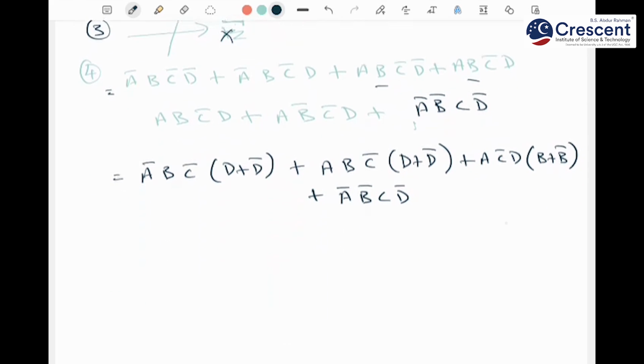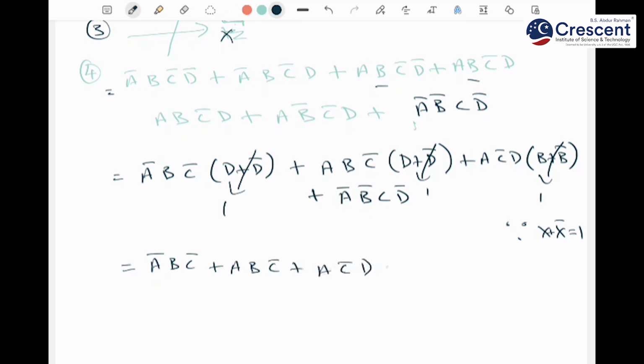Since X plus X bar is equal to 1, you can use that postulate and convert everything to 1. 1 into anything is not going to make any change to the answer. So A bar, B, C bar plus AB, C bar plus A, C bar, D plus A bar, B bar, C, D bar.